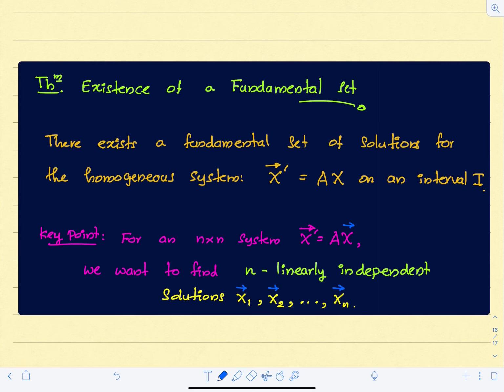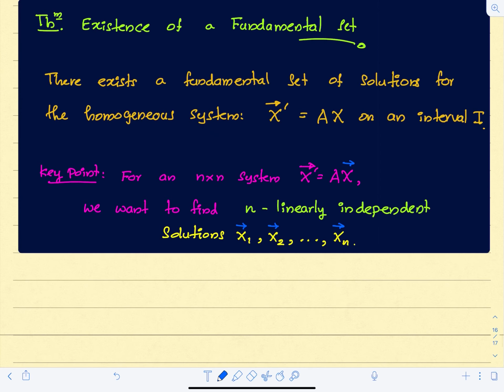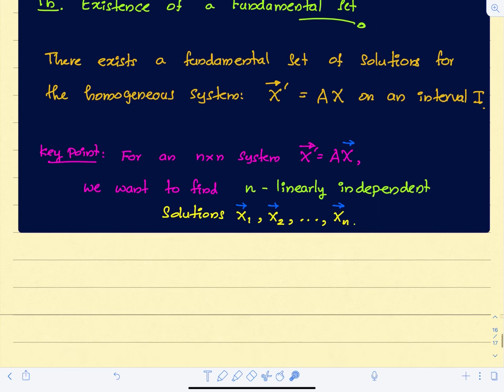So this is the key point. Now, whenever we solve a homogeneous system of first order differential equations, let's say if we have n number of dependent variables, then we need to find n number of linearly independent solution vectors, and I denote those solution vectors using x1, x2 up to xn.